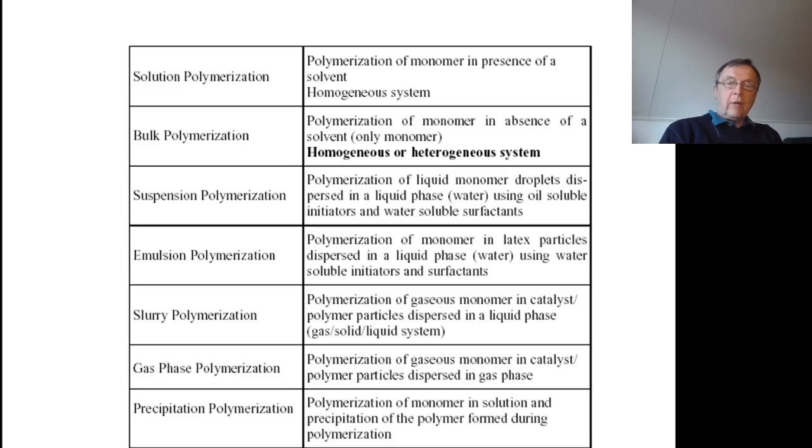But it is very difficult to fluidize the catalyst and the polymer particles in a way that you can contact them with the monomer from the gas phase in order to let the polymer particles grow, and then you have continuously to remove the growing polymer particles from such a reactor.